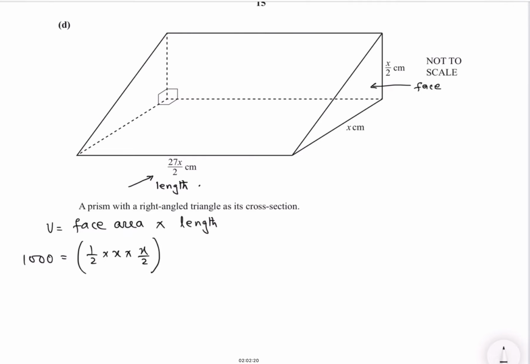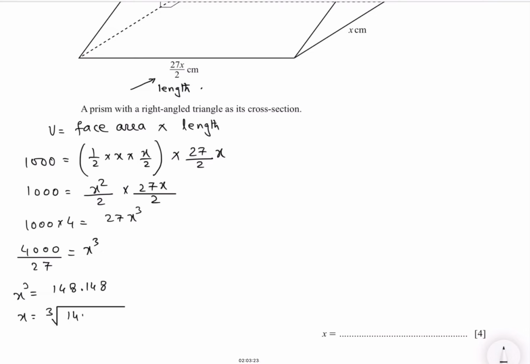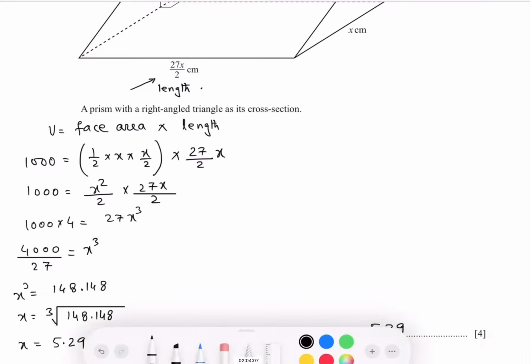So 1 over 2 into base into height. Base is x, height is x over 2. And length is 27 over 2x. So solve it for x from here. Cube root of this. 5.29 is the value of x.